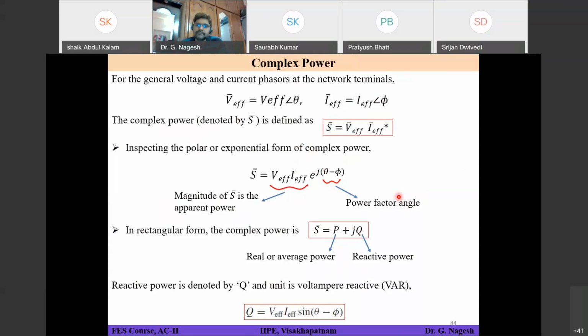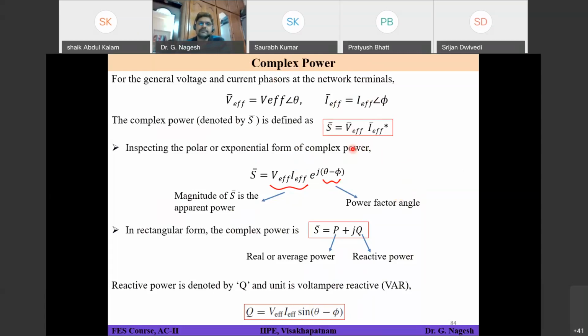If it is across the load, consider the voltage across the load and current into the load. If it is across any specific element, find the voltage across that element and the current flowing into that element. Then you can use the formula V effective into I effective into cos of theta minus phi. Please remember that voltage and current should be across the element, source or load, whatever is asked.